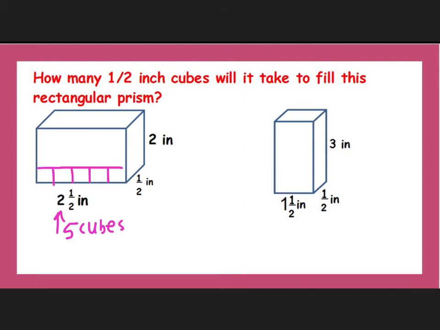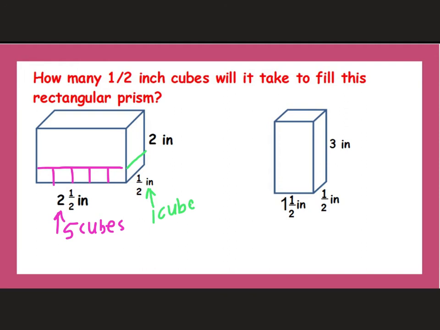And then let's look at our width. So it's saying it's a 1/2 inch, right? Well, if you think about it, in 1/2 inch, you can only fit 1 cube, because remember, each cube is a 1/2 inch. And then last but not least, we have to talk about our height here. So it's telling us our height is 2 inches.